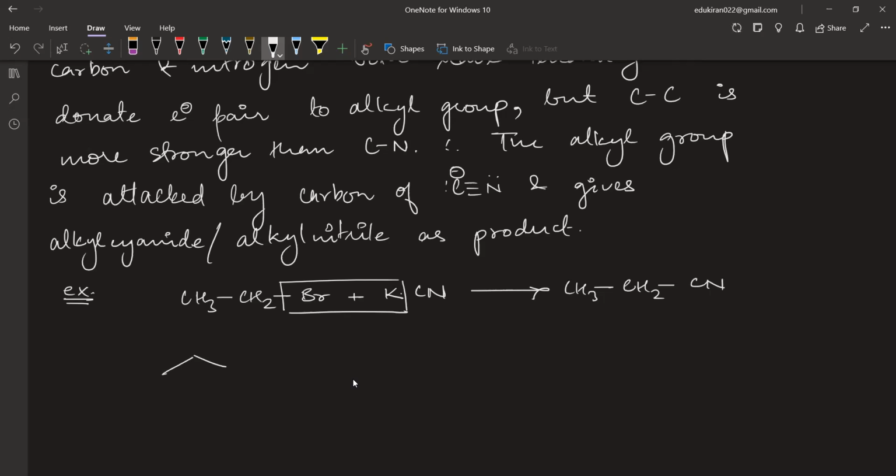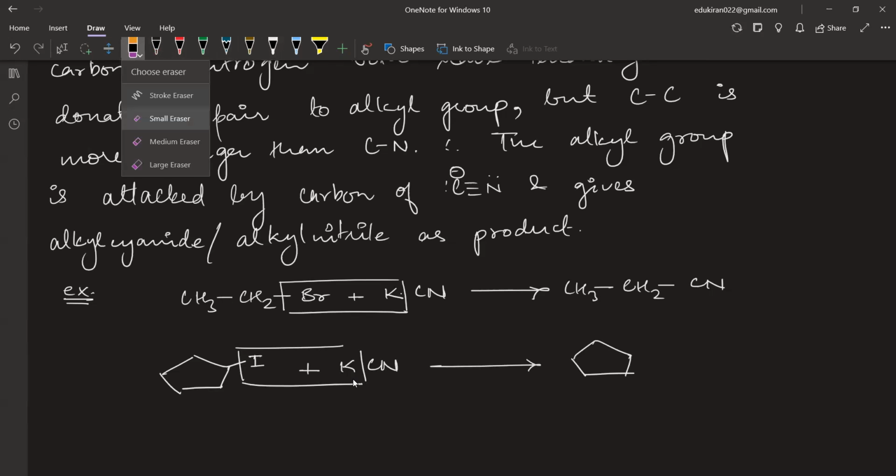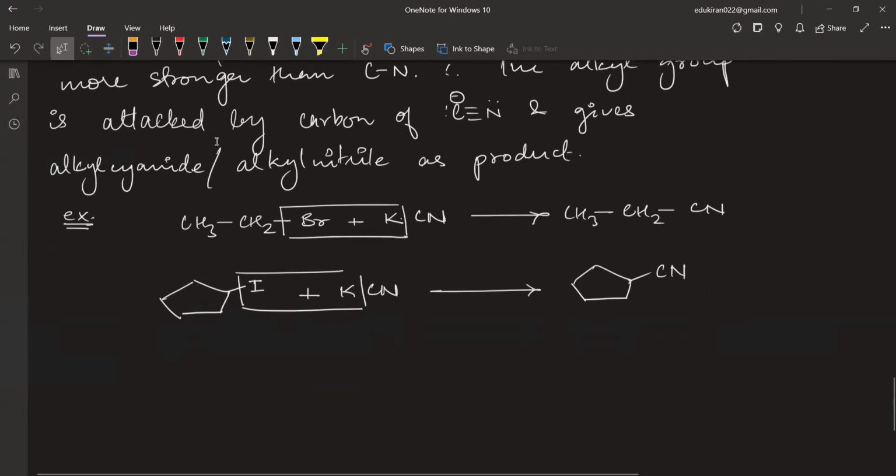Okay. So if you have something like this, let us say you have a cyclo compound. There is an iodine group here. Plus you have KCN. Then this iodine and this potassium will make a bond of KI, and what you will get? You will get CN attached in the place of iodine. So CN will replace iodine.